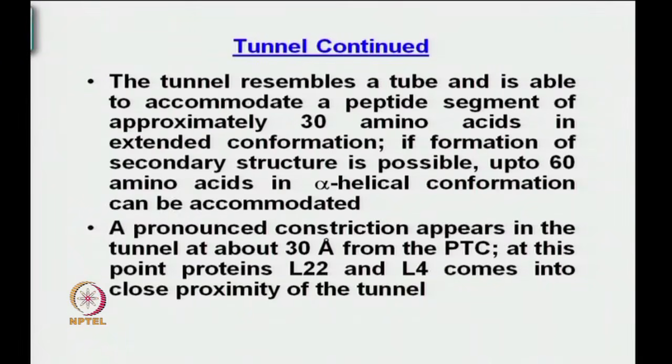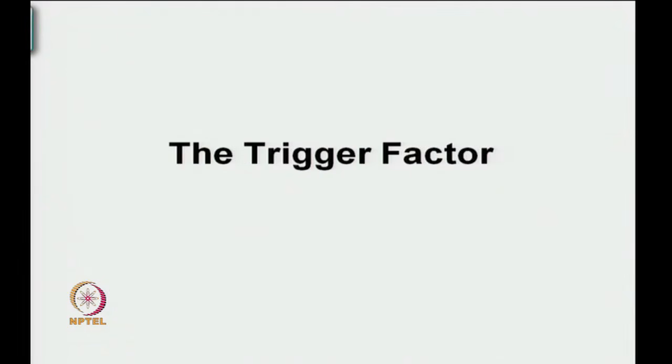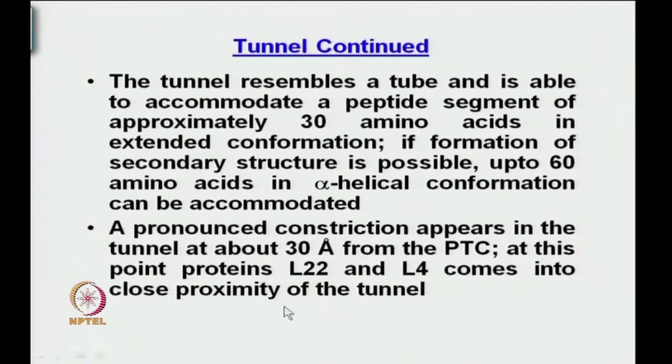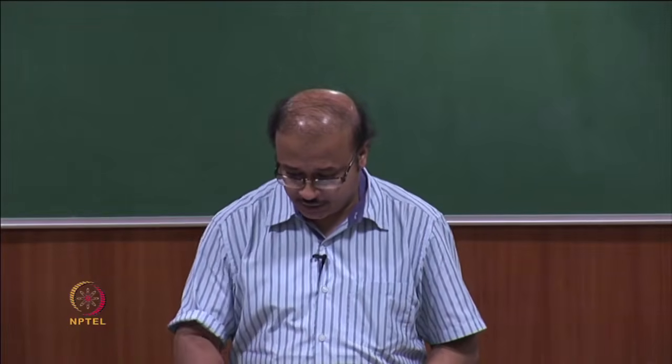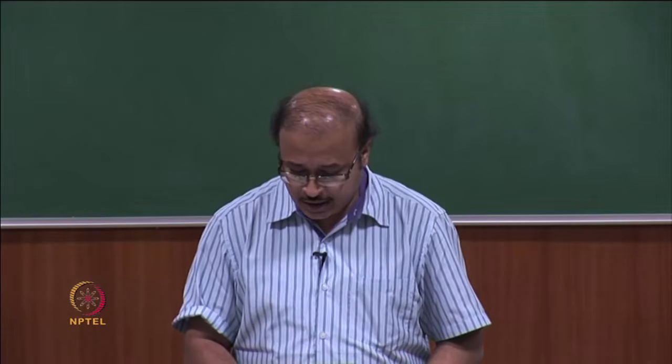Next, as I said, a pronounced constriction appears in the tunnel at about 30 angstroms from the peptidyl transferase center, and at this point proteins L22 and L4 come into close proximity of the tunnel. Okay. Now, before going to the next part, there is a small typo out here.